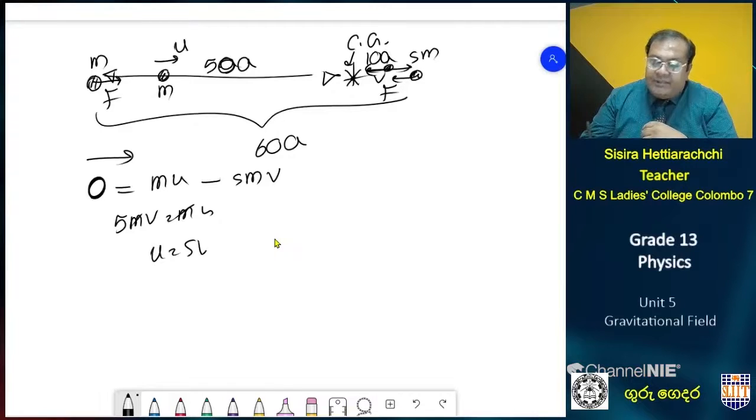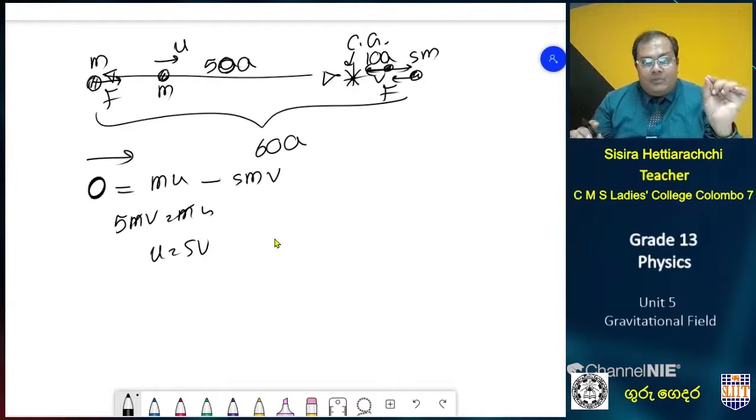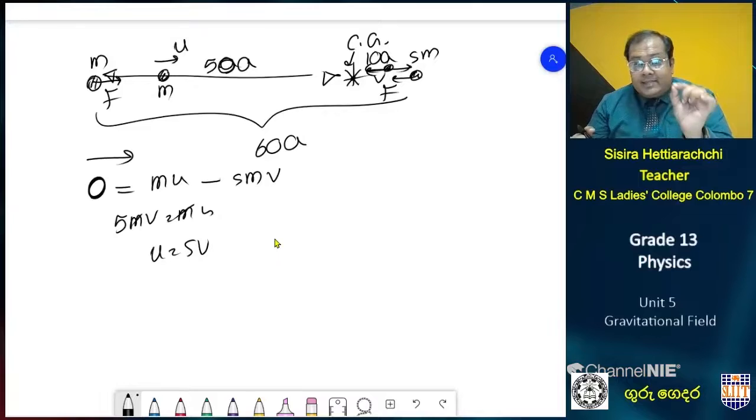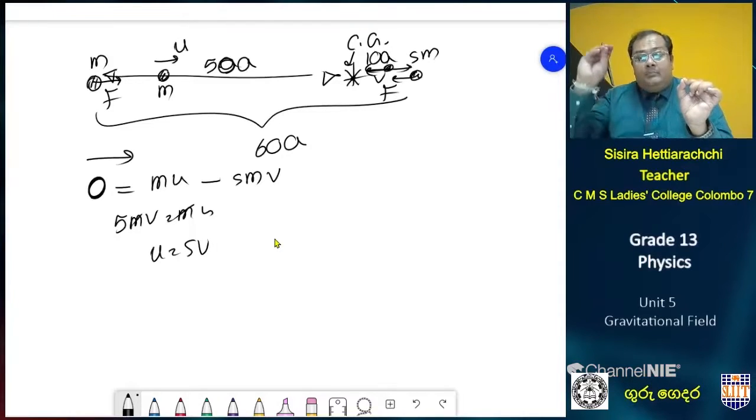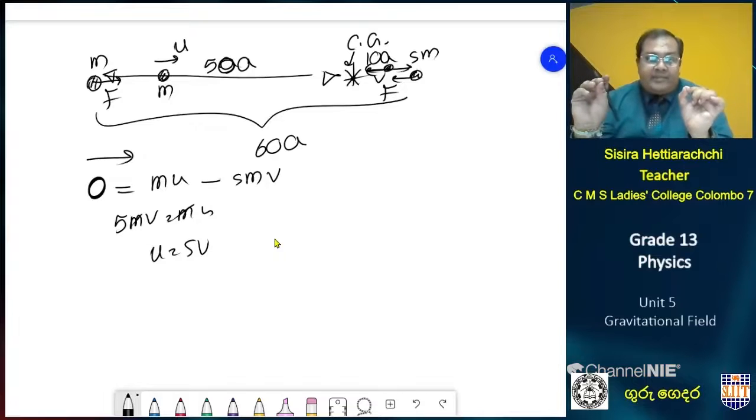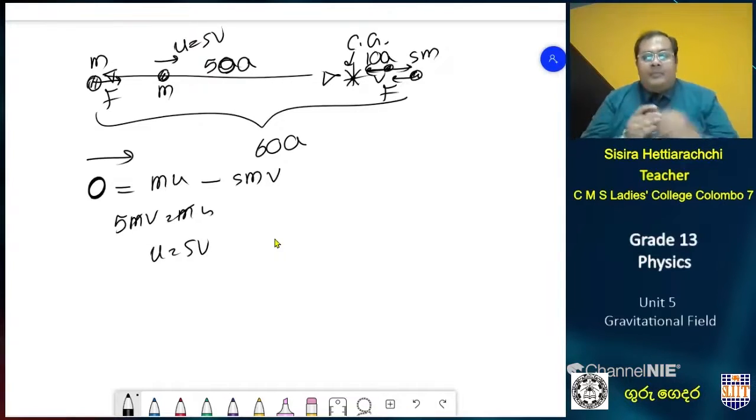Then u equals 5v. What is the meaning of that? When the small one travels a certain distance in the same time, for a small time interval, the big one should travel 1/5 of that, because u is 5v. The small one travels 5 times always.